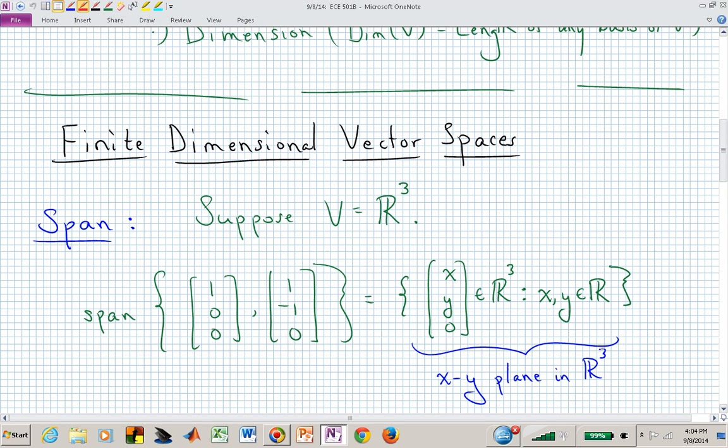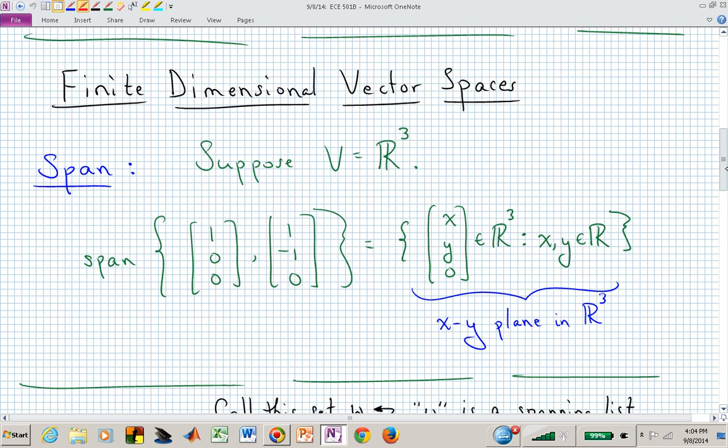There is no coordinate in the z direction in those 3-dimensional vectors. For that reason, you can say the span of those 2 vectors is equivalent to spanning all of the xy plane and nothing in the vertical direction, z.